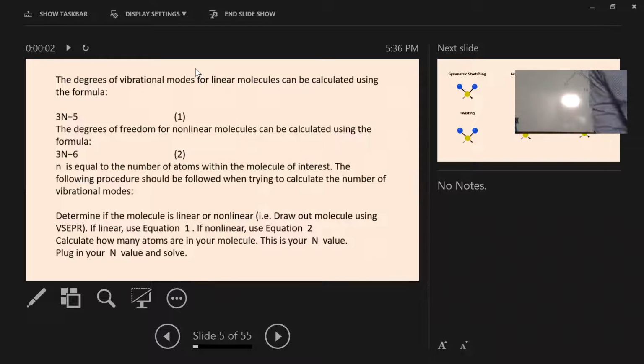IR activity means we are giving some electromagnetic radiation, just like energy, to the molecule. That means this is a kind of electric field. So if you bring 2 magnets, if this is a north pole and this is a north pole, then they will repel.